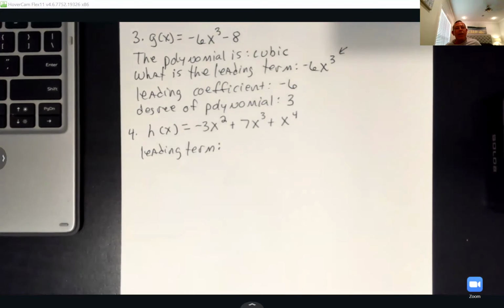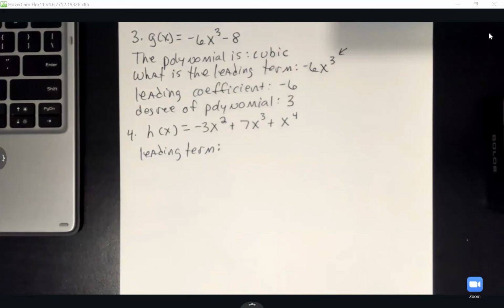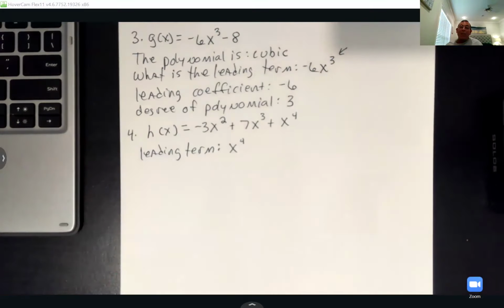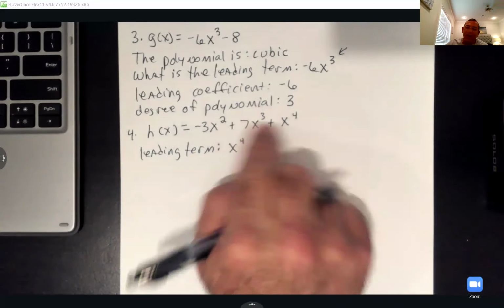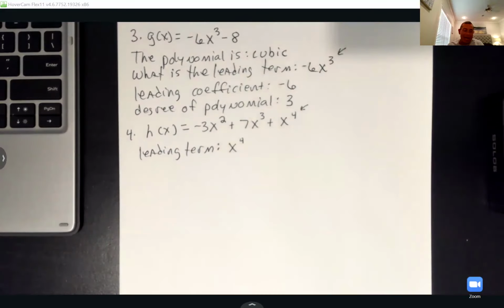So what y'all think on that, and what's your leading term? Is it x to the 4th? I'm going with x to the fourth. Good job. So we made this one out of order for you. So remember, if they're not in order, you're still looking for that highest exponent.